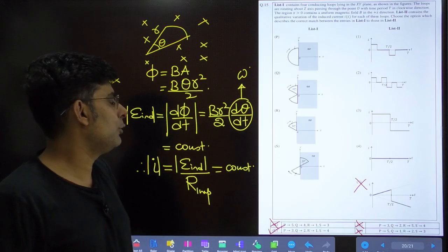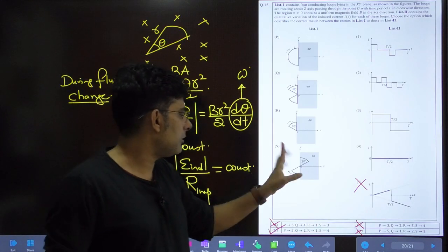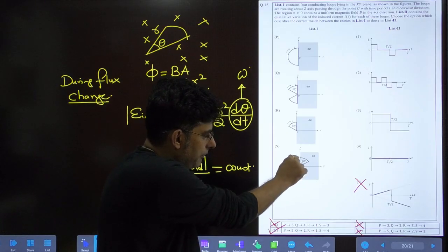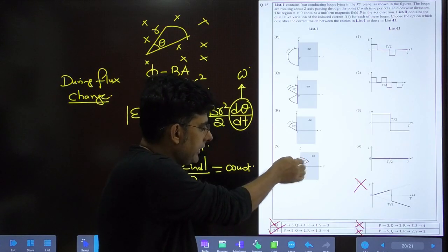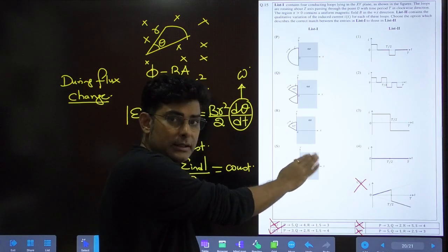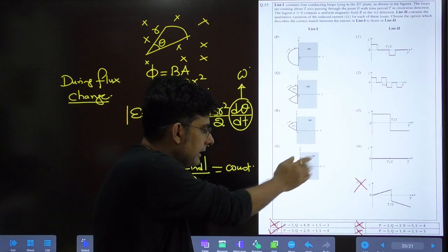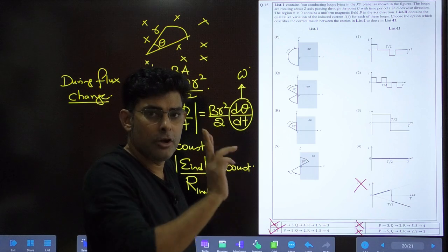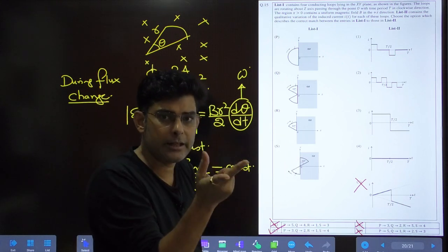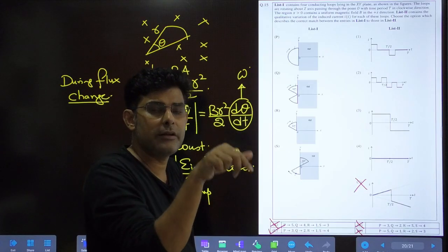Now I will explain one more thing, which is the case of S. When you see this S, you have this sector entering the field and this sector exiting. In one of the half sectors the flux is increasing and in the other the flux is decreasing. So the directions of EMF induced in them will be equal and opposite, and they will cancel each other.